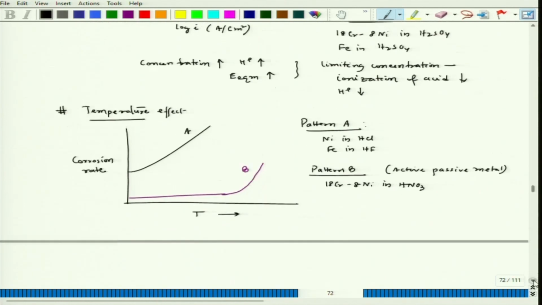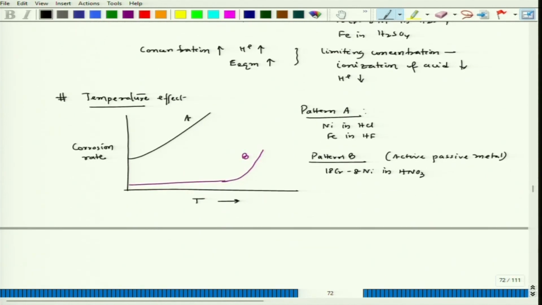So, this is interesting. This can also be explained with reference to mixed potential theory. What happens is that HNO3 can have several standard reduction potentials. Depending on the temperature, its oxidizing ability increases. What do I mean by oxidizing ability? It increases with temperature increment.